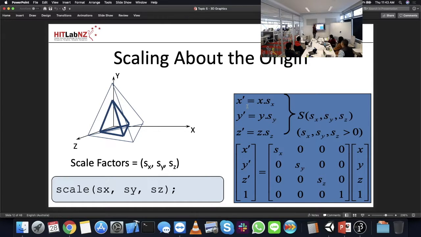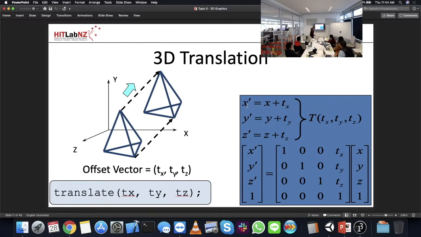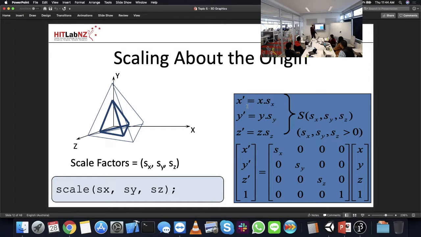If you remember in our last one, we had 1, 1, 1 there. Now we have scale x, scale y, scale z there, because this sx will multiply by x, this sy will multiply by y, and this sz will multiply by z to give us these formulas again. Not that complicated.